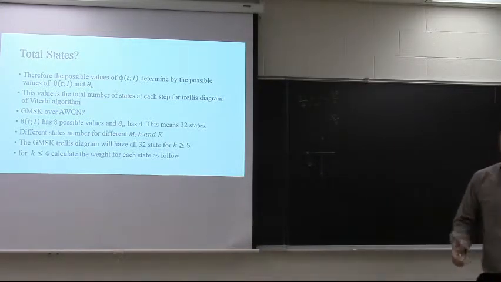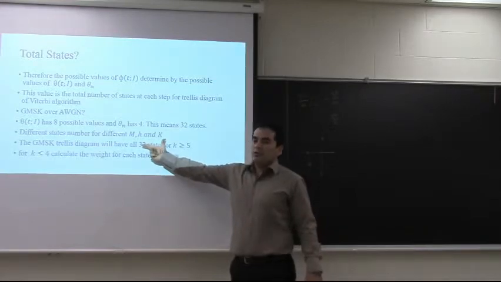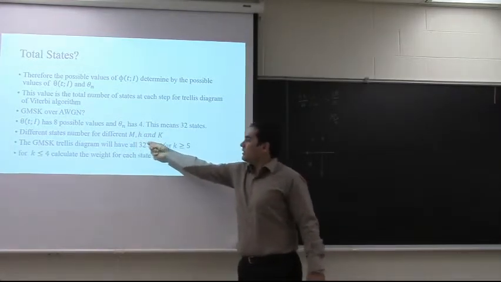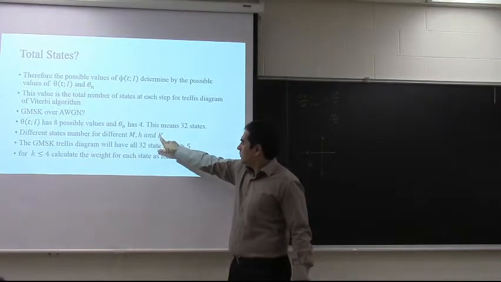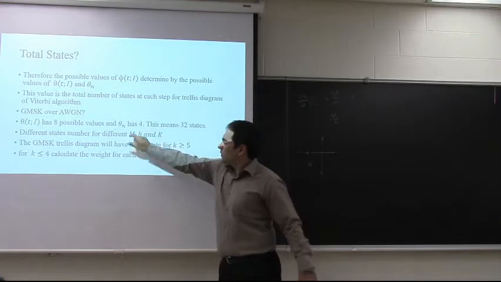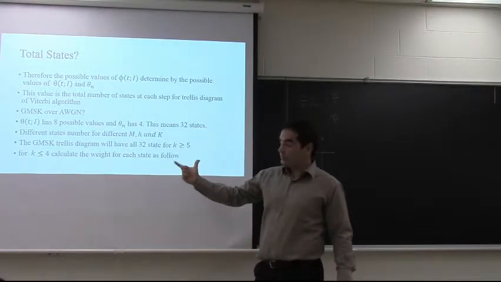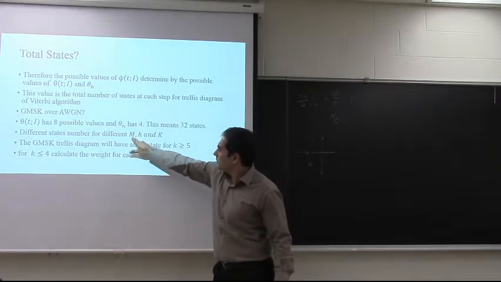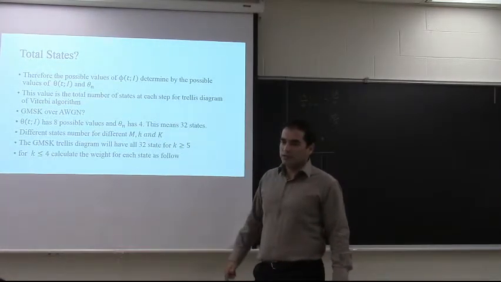Whatever your CPM signaling is, the trellis diagram that you need has a number of states that is a function of this. This one makes the total number of the first part, and this one and this one make the total number of the second part, theta n.